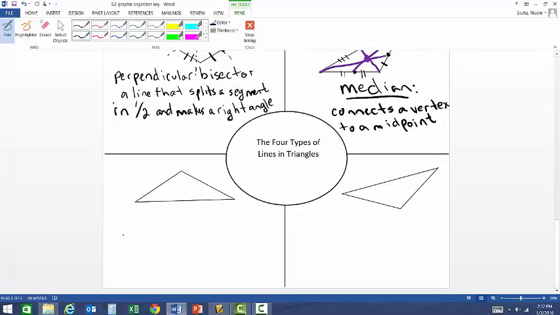The next type of line is called an altitude. An altitude comes from a vertex and makes a right angle.